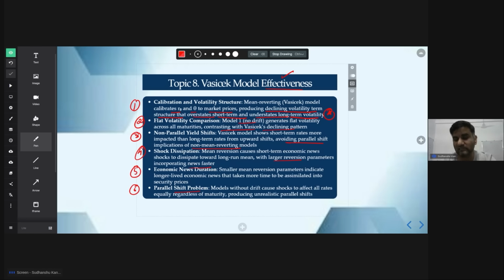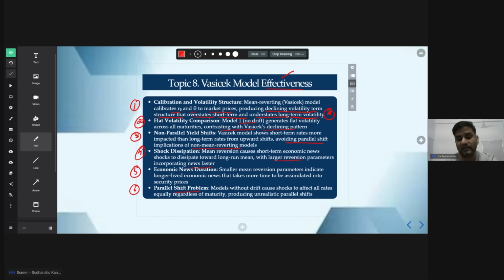Remember the contrast between model 1, no drift, constant drift, and time varying drift with the Vasicek model, very clearly. Also understand that Vasicek focuses on declining volatility, non-parallel shift, and shock dissipation, which is more realistic in real world scenarios.